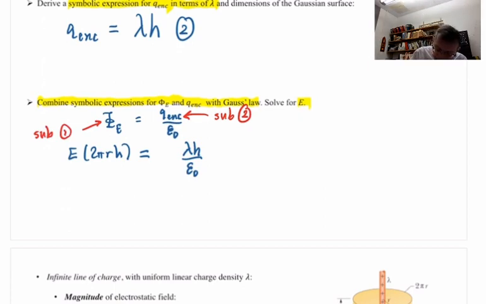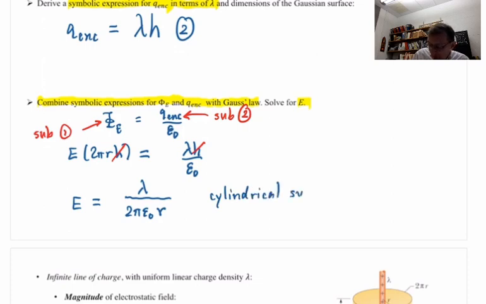Of course, simplify: you can divide both sides by H, and then to solve for E, divide both sides by 2 pi R, and you get the magnitude of the electric field is lambda over 2 pi epsilon 0 R. And we get a pretty famous result for the electric field in cylindrical symmetry.